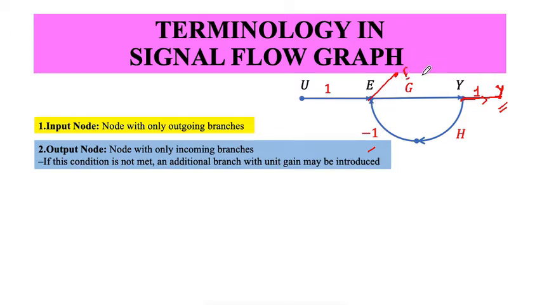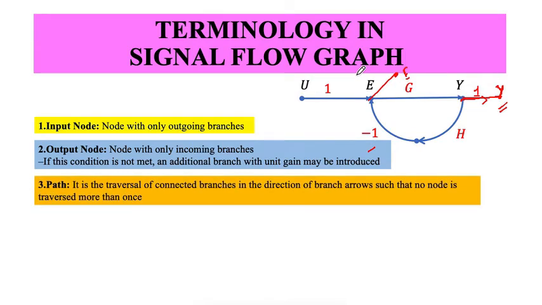Okay, so the path, the definition is not surprising. It is just the traversal of the connection between branches in the direction of the branch such that no node is traversed more than once.